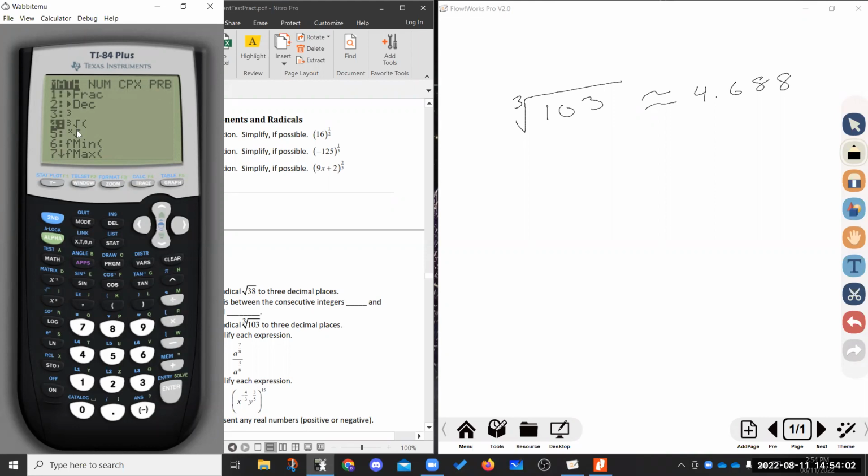This is if I want a root that's not a cube root. We might get one of those in the second where I want an xth root. But cube root of 103 is going to give me the same answer as raising it to the 1/3 power. I'm going to go back and turn my math print on now because it's easier for me to write things in here that way. Okay.